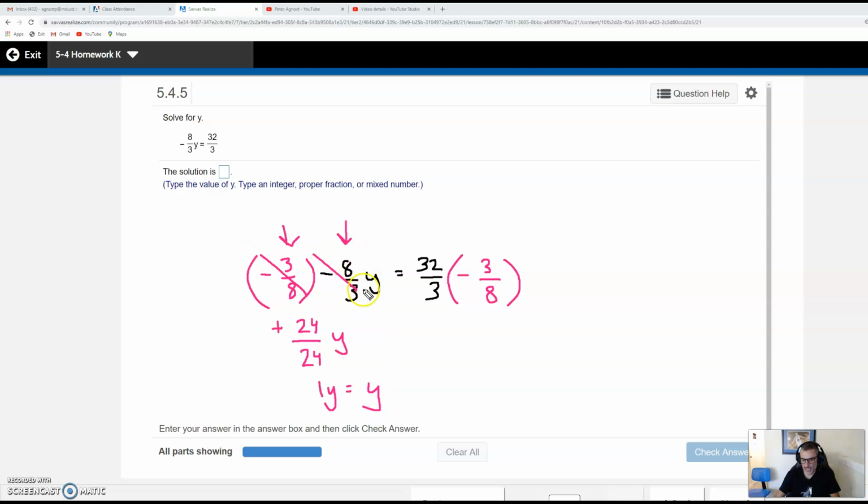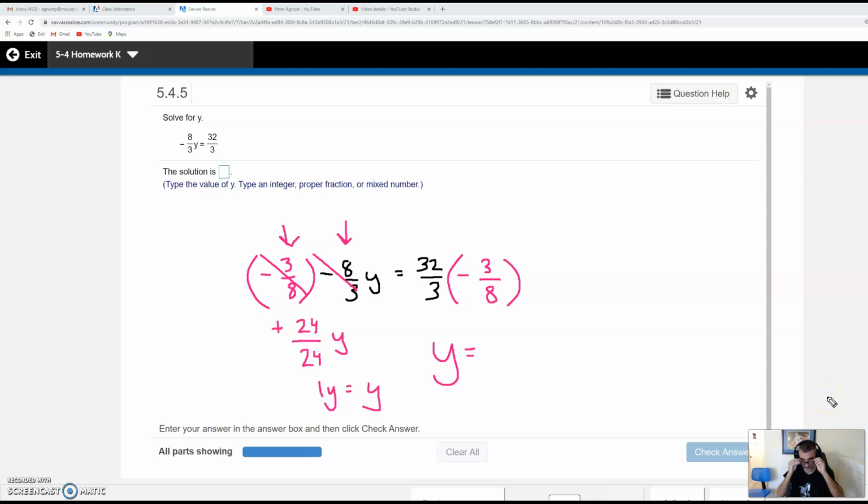So now on the left-hand side of my equation here, I have just plain old y. But now on the right-hand side, I have to do some math here. When you're multiplying two fractions like this, we can do some canceling. If numbers have a common factor, we can factor those out.